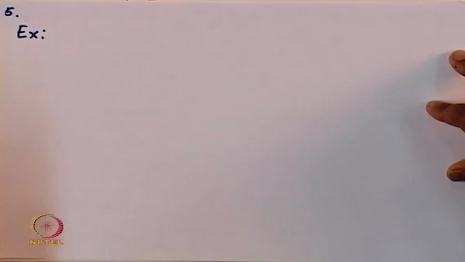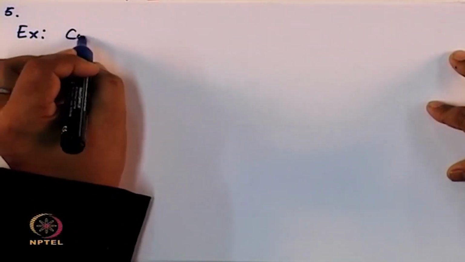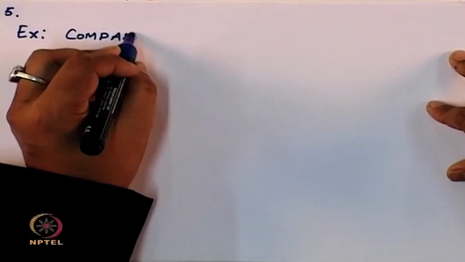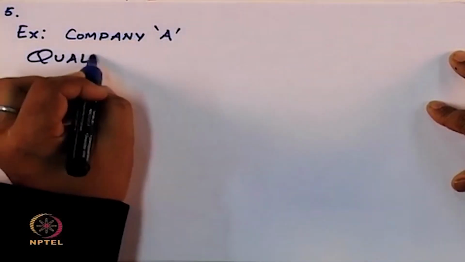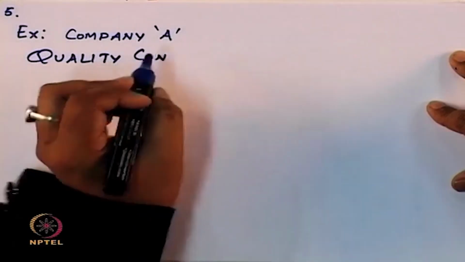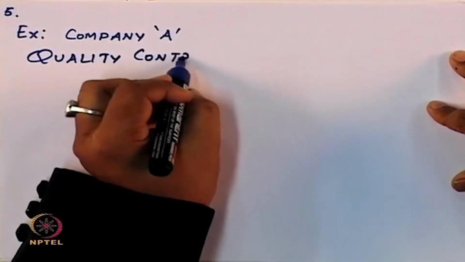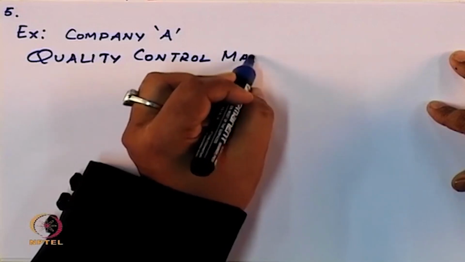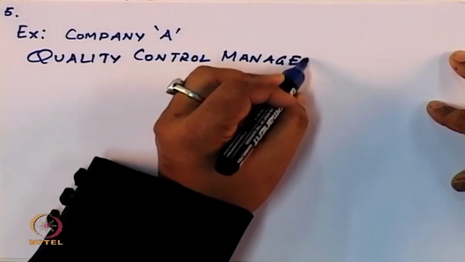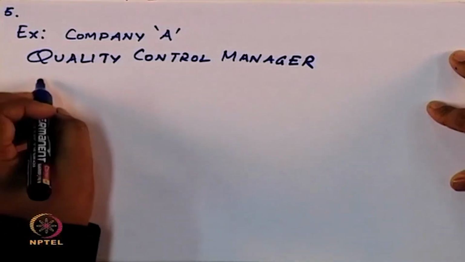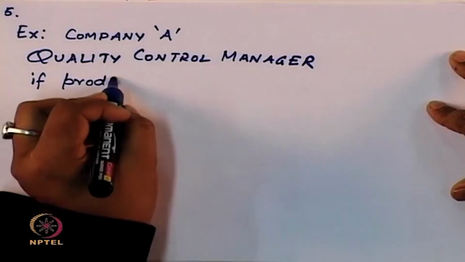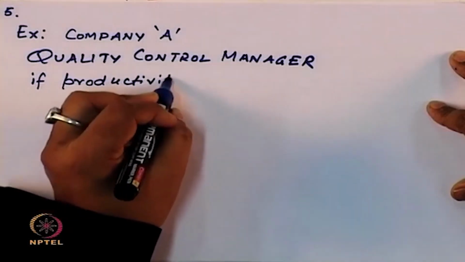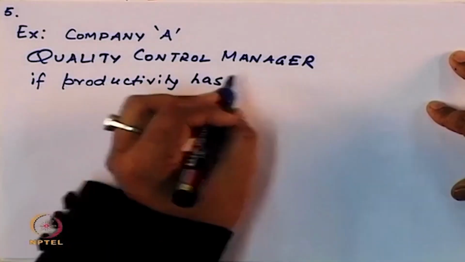Okay. Let us take a standard example. Imagine you have a company A and the quality control manager wants to evaluate if the productivity has changed recently.